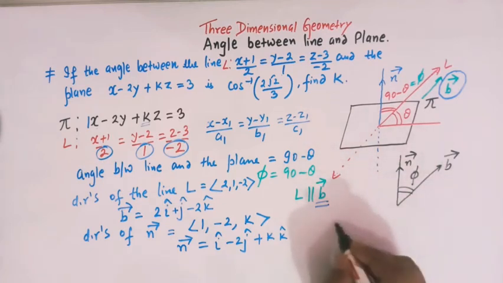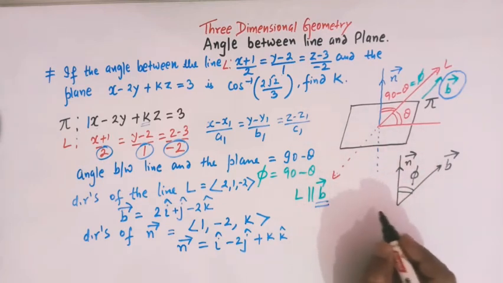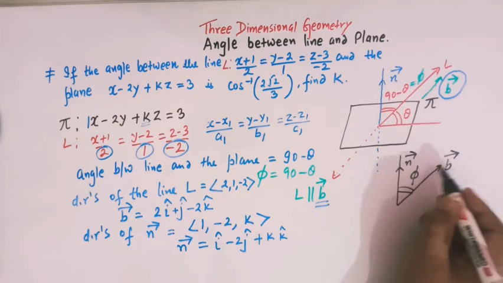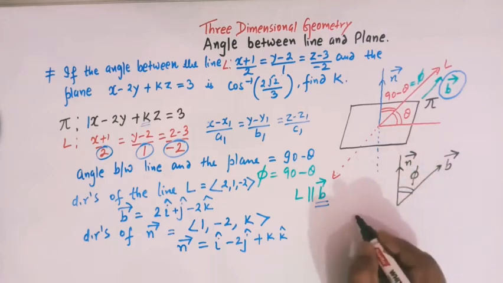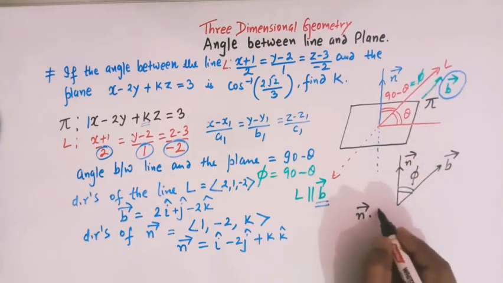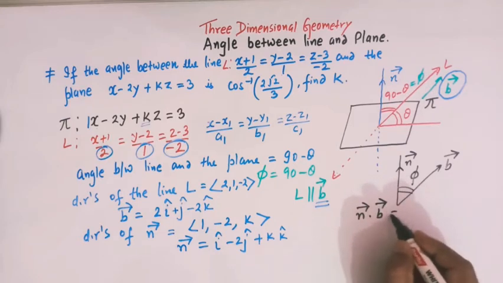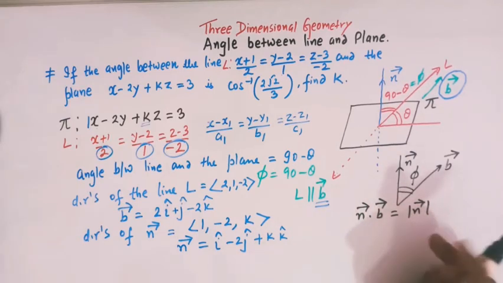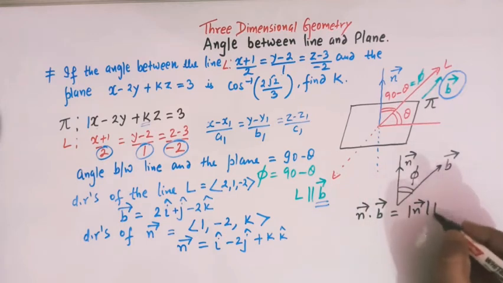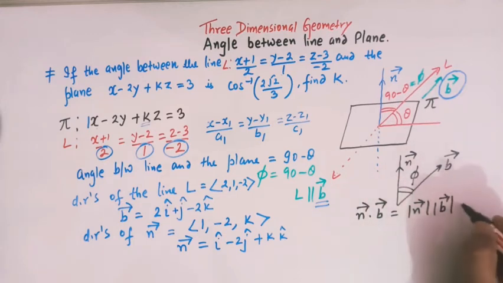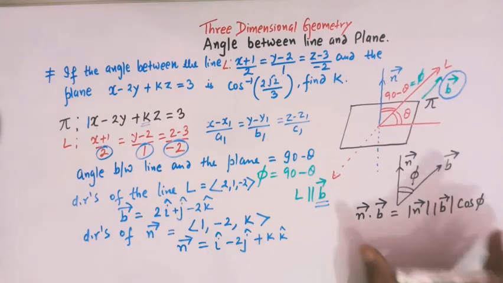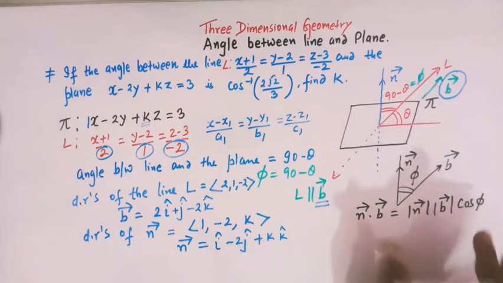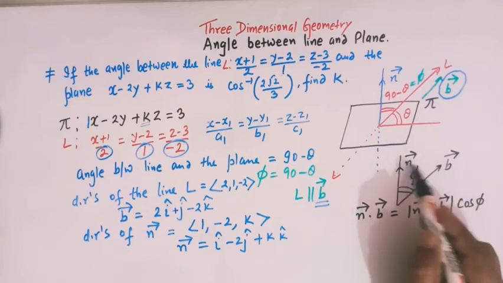So now we know from vectors that the dot product of these two vectors, that is vector n dot vector b, is equal to the magnitude of vector n, the magnitude of vector b, and cos of phi. This is the definition of the dot product or the scalar product of two vectors.